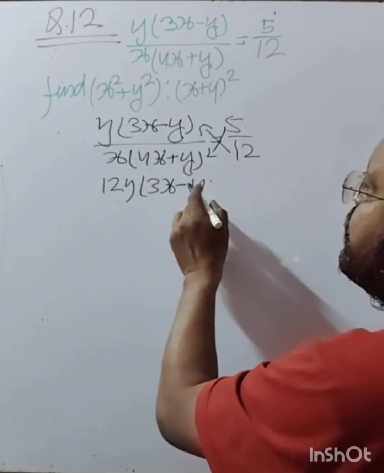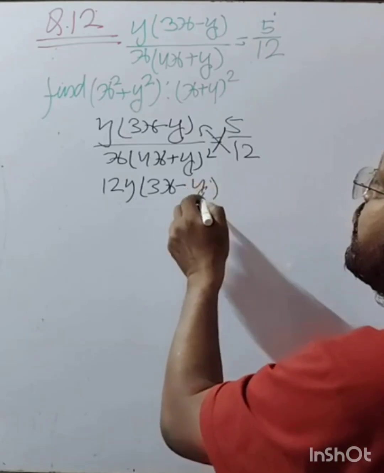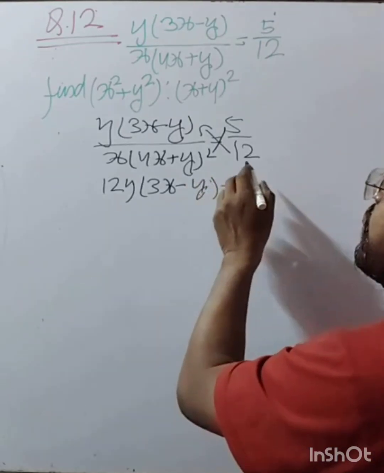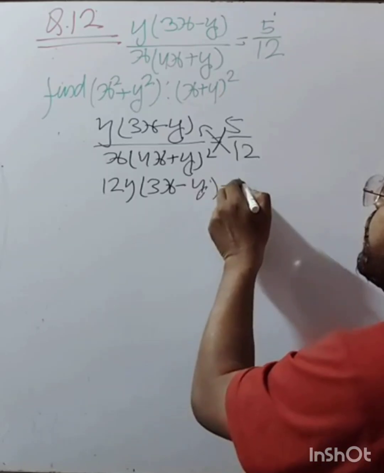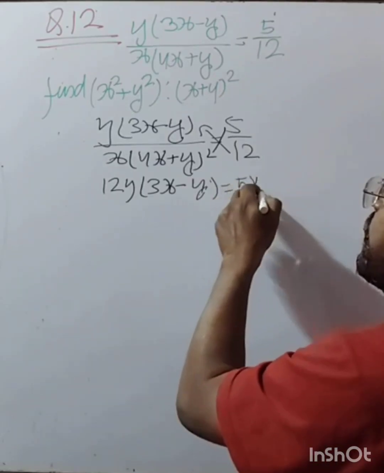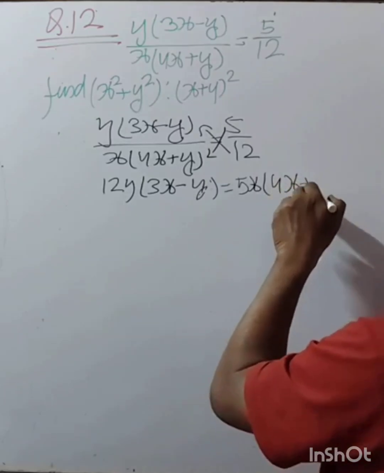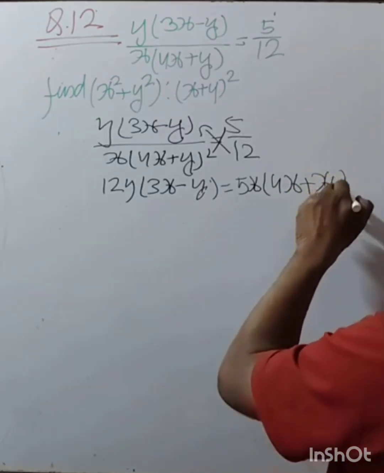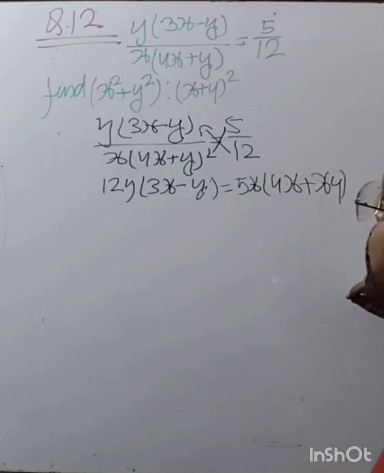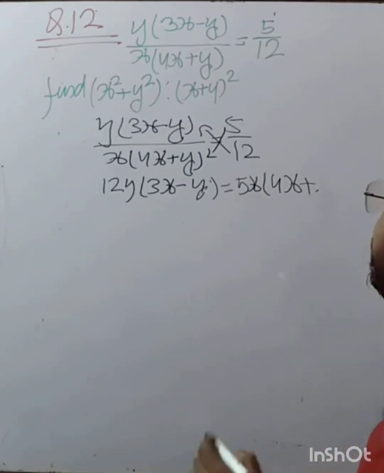So this is y is equal to 5x bracket 4x plus xy. It's very simple, you know. Plus 4x plus y.